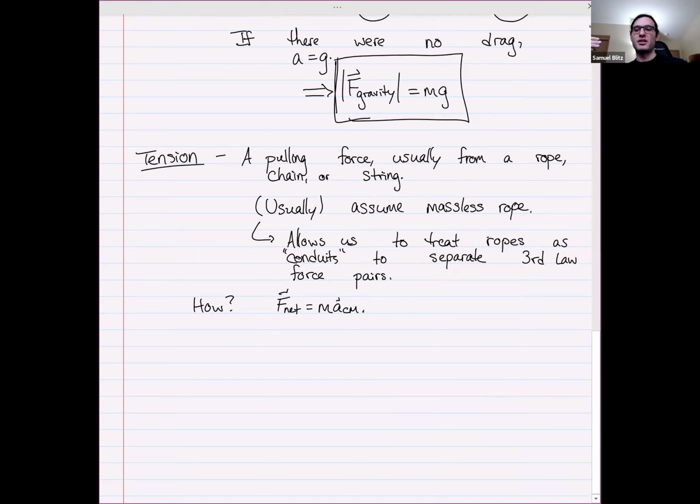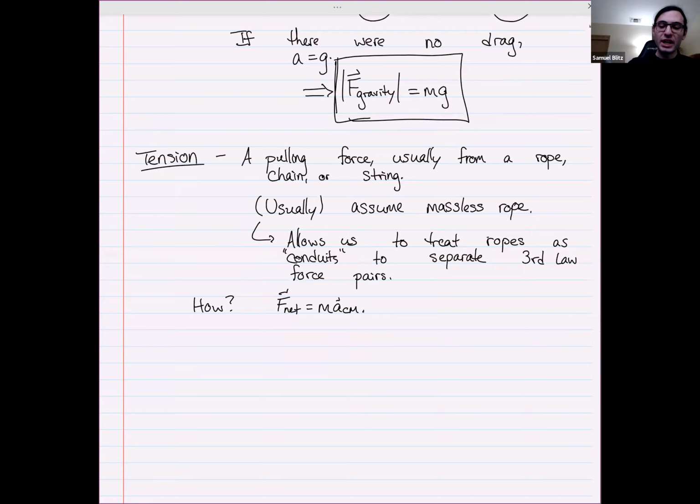It takes an input and puts an output elsewhere. Think of it like a pipe or a wire. A wire is a conduit for electrical signals. A pipe is a conduit for water. So basically it allows you to pull on one side and then the other side feels the same pull, right?